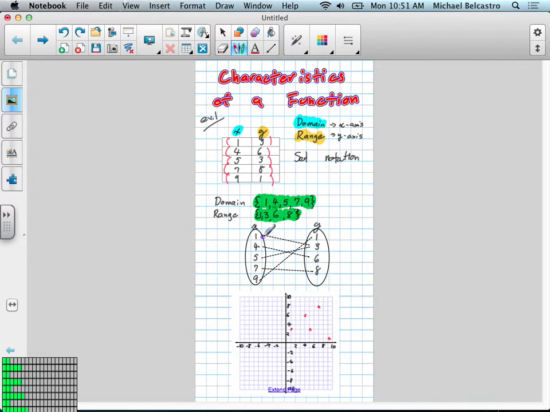So in this one, if you notice, there's always one arrow from every x value. Only one arrow. So that means we do have a function. But had I had, let's say for the number 1, a coordinate of 1 and 3 and 1 and 1, this would not be a function.